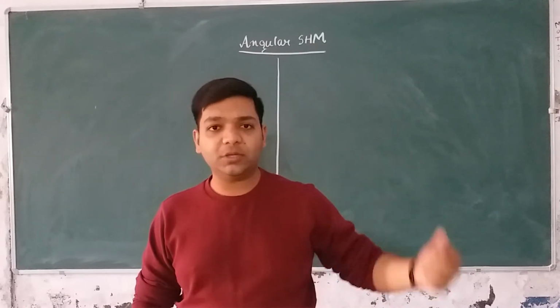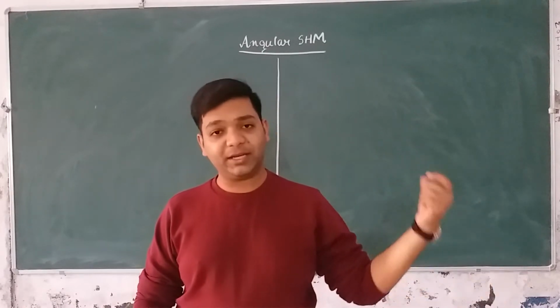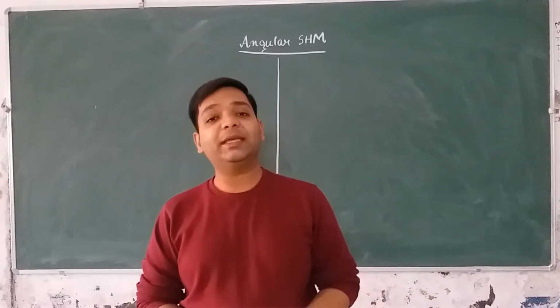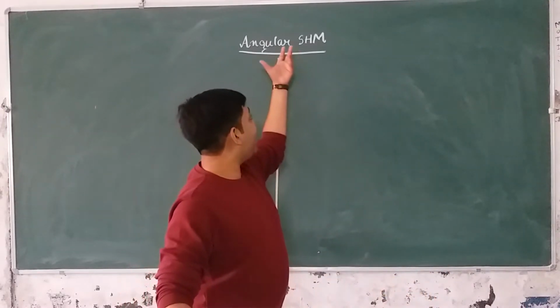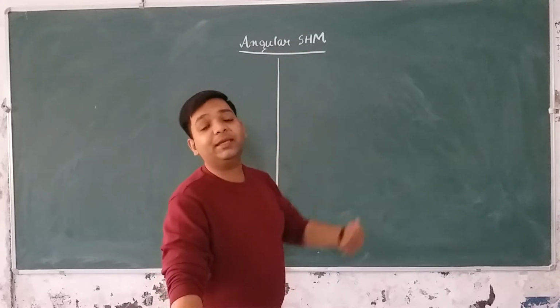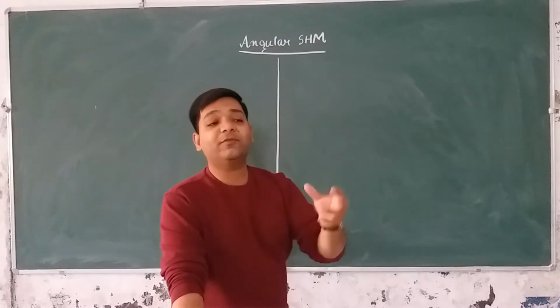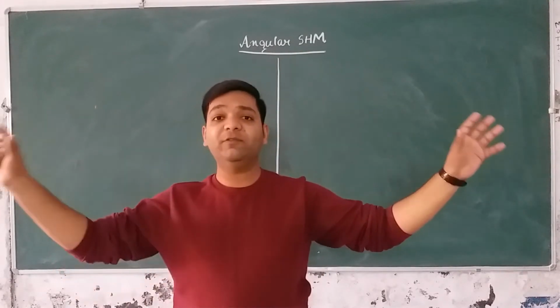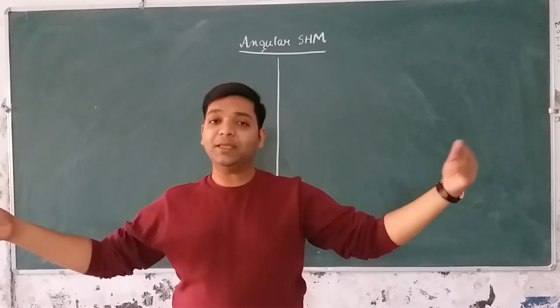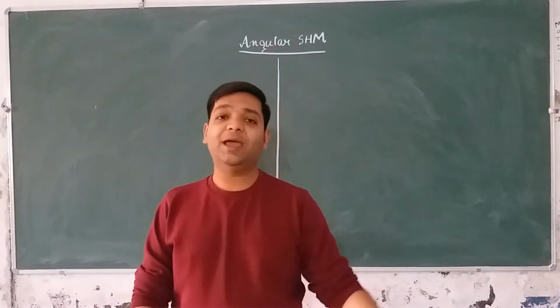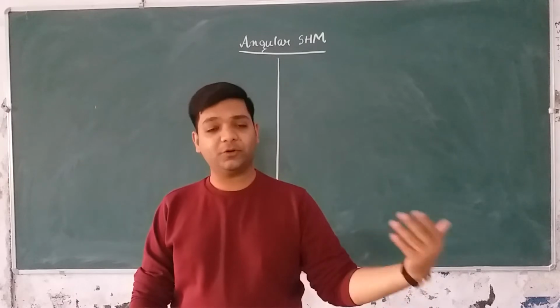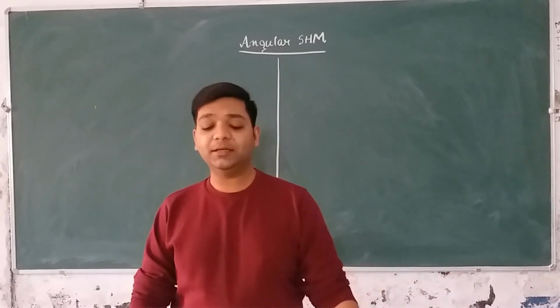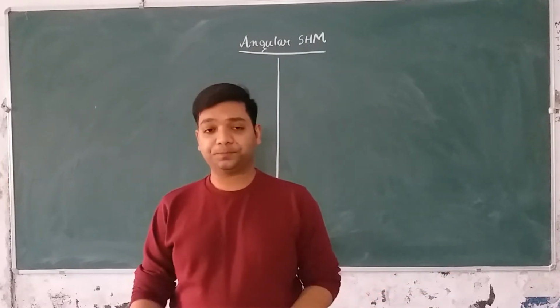So all the concepts and all the formulas that we derive for linear SHM can also be used for angular SHM by making analogies. Instead of linear displacement, here you will have angular displacement. So we have to just make an analogy, and all those formulas and concepts can be rewritten for angular SHM.